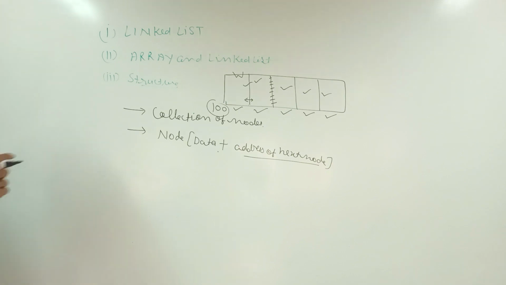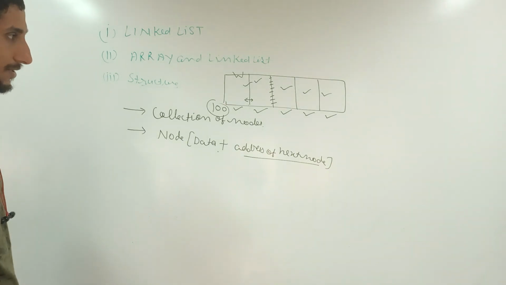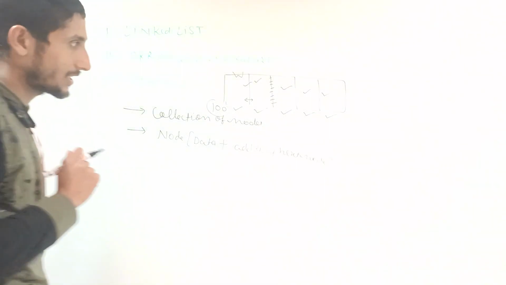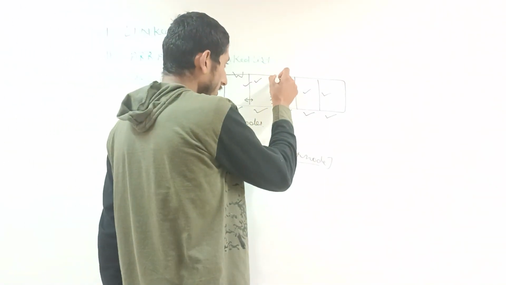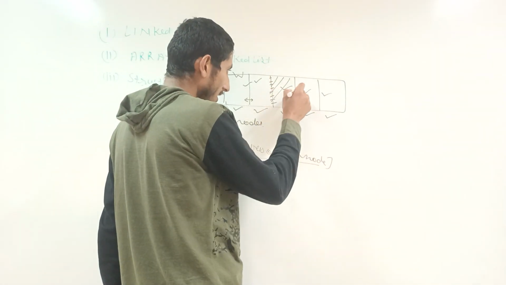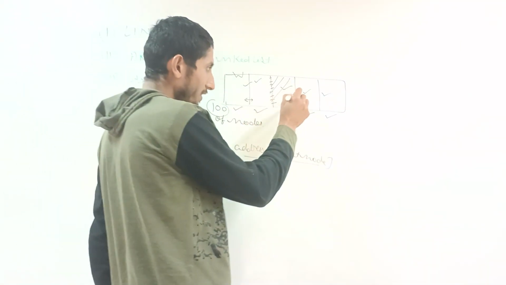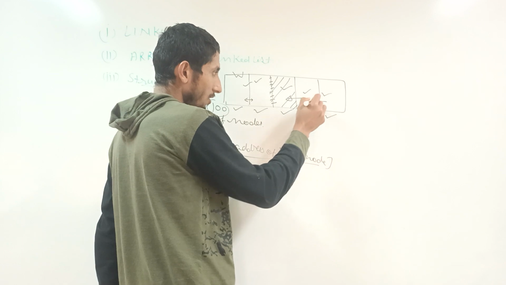That is the case with array. But we have seen several times that we have a couple of disadvantages of this approach. What is the disadvantage? Whenever any block is deleted, you have to shift the elements.